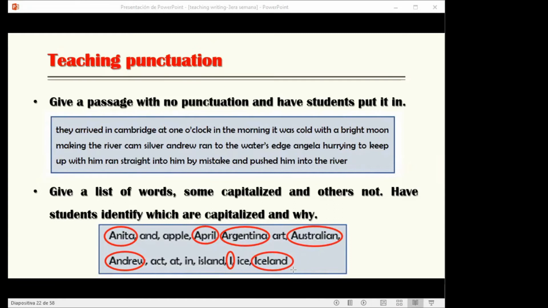Oh, Anita, proper names, teacher, countries, months of the year. So they start identifying why they are capitalized. So you give them a list and they identify why these words are capitalized or not.